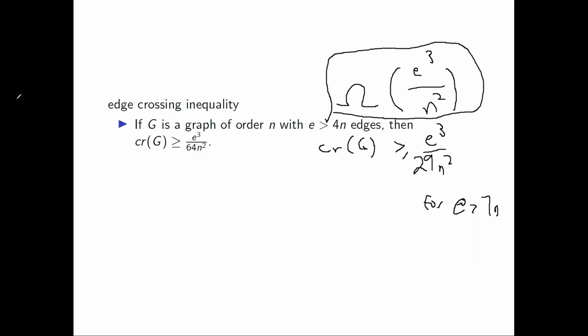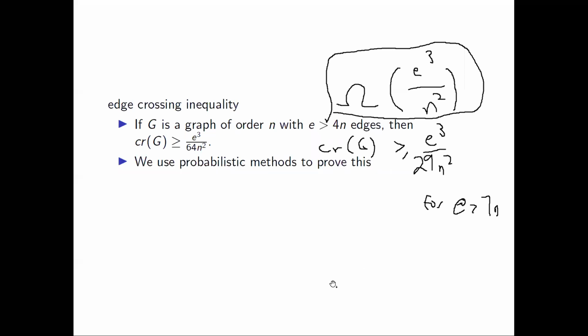And we're going to use a tool from a toolkit of tools that we've used a lot. And that toolkit is the probabilistic method. So we're going to use that again. And before we use the probabilistic method, first we're just going to observe a bound that relates the number of edges, the crossing number, and the number of vertices.